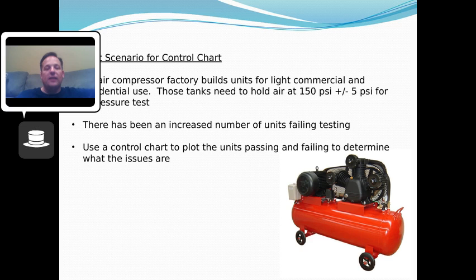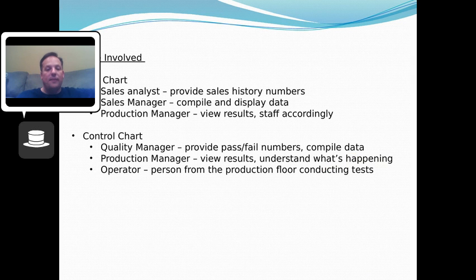So we're going to build the tank, test it before we send it out to market, and it needs to shut itself off at 150 psi, or pounds per square inch, and so that plus or minus 5 psi, it needs to shut off at 145 to 155, so that 5-point swing on the 150 middle. There's been an increased number of units that fail testing, and we're going to use a control chart to plot the units on the pass and fail to determine what some of these issues are.